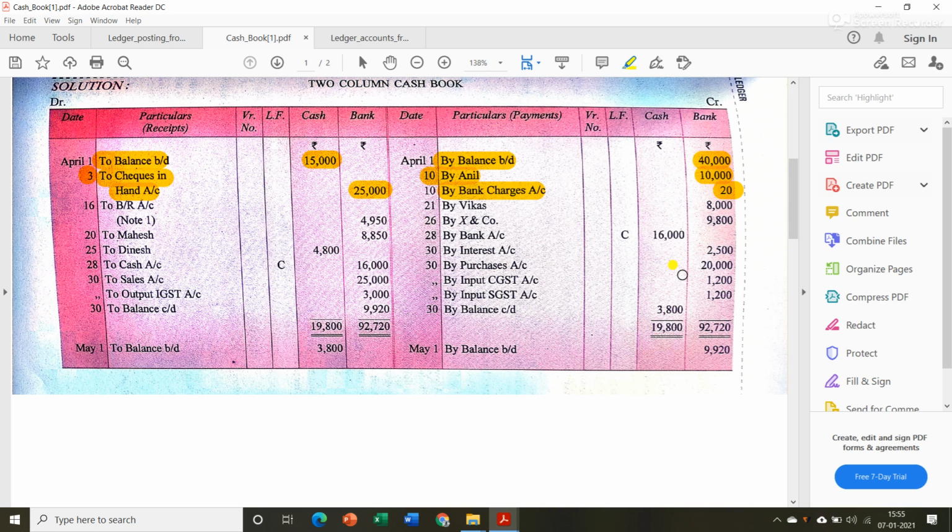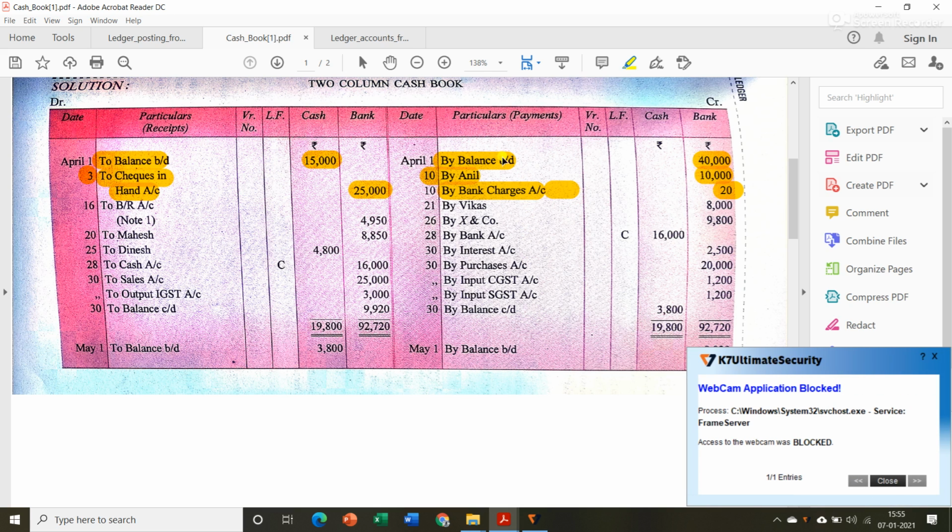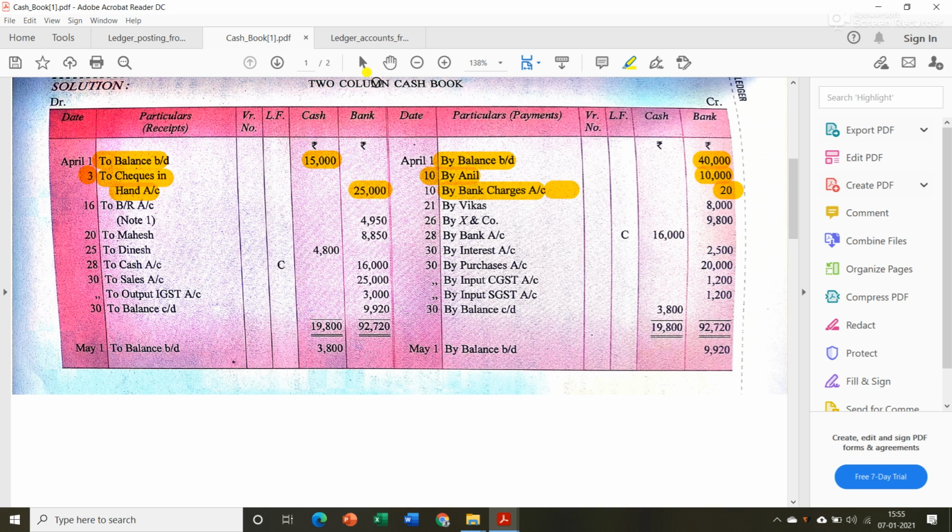Now for posting this in our ledger, since the first one is Anil, we have to prepare the Anil account, and the next one is the bank charges account. Since this transaction is appearing on the credit side of our cash book, in these ledger accounts we have to enter it on the debit side.